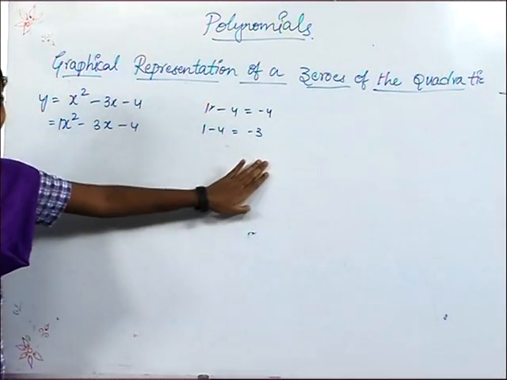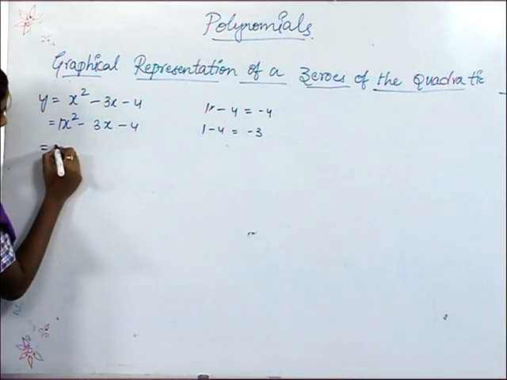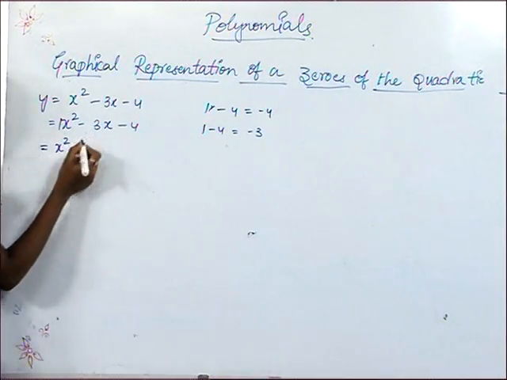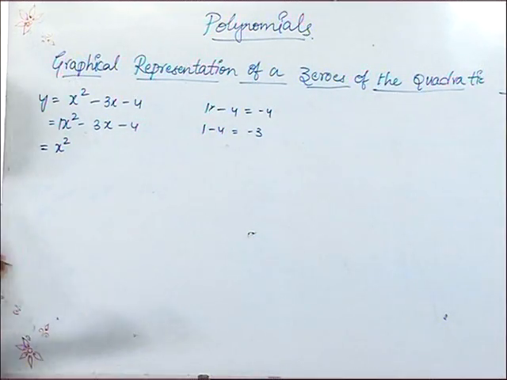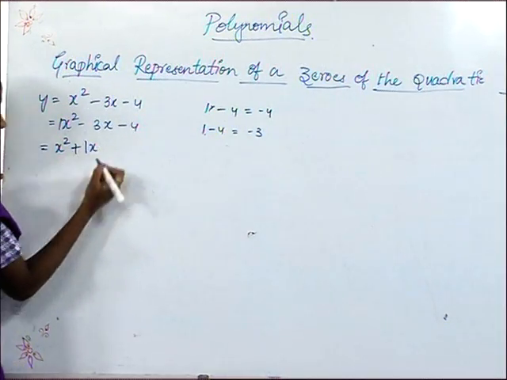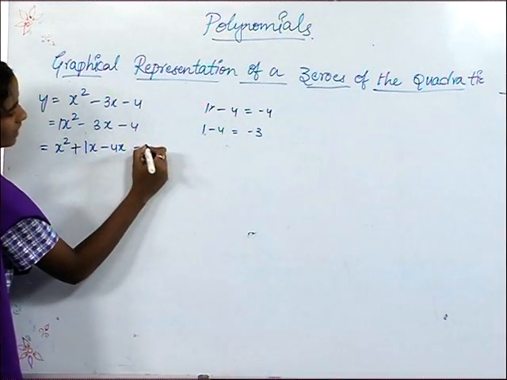Minus 3 is the coefficient of x. So here instead of taking minus 3x, I am going to take plus 1x minus 4x, then minus 4.